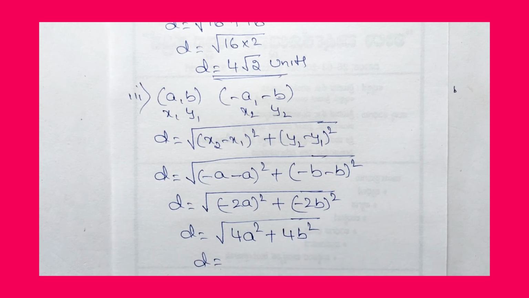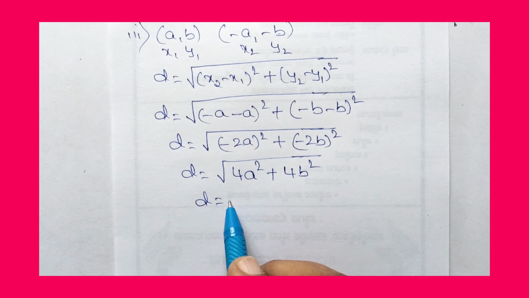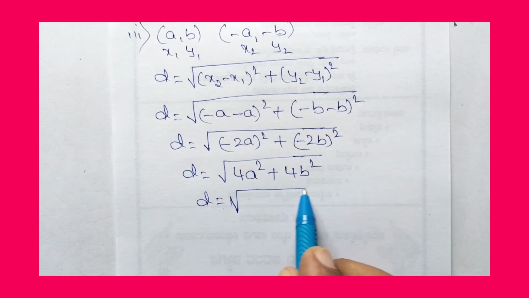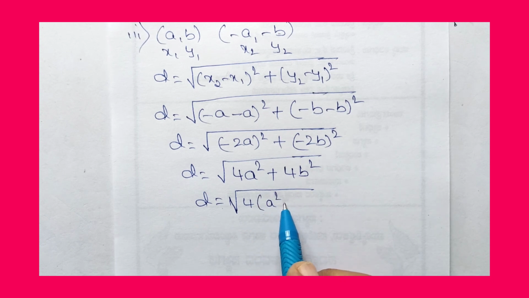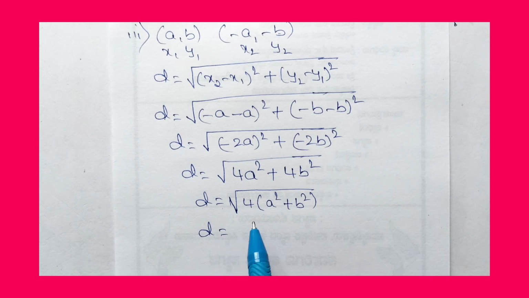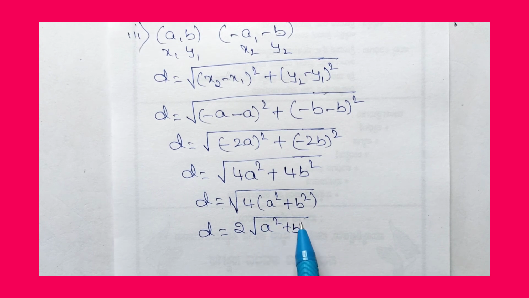So d is equal to square root of, in these two let us take 4 as common, then remaining is a square plus b square, 4 into a square plus b square. So d is equal to, what is square root of 4? It is 2. So 2 root of a square plus b square units. So this is the distance between 2 points.